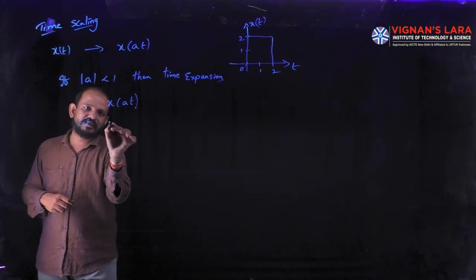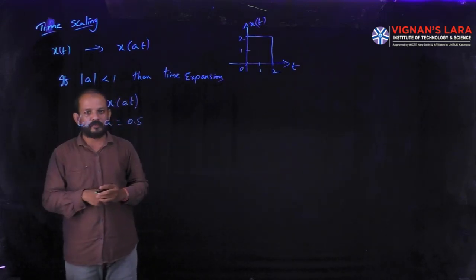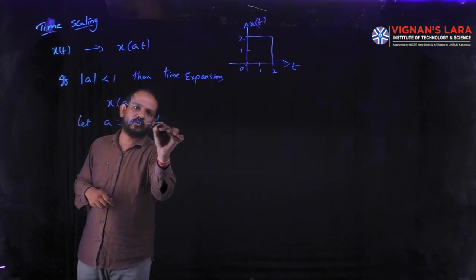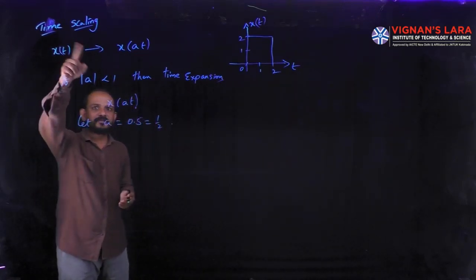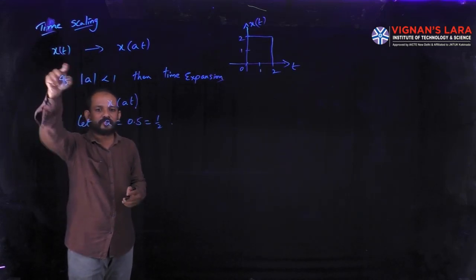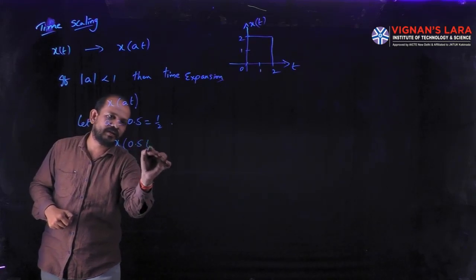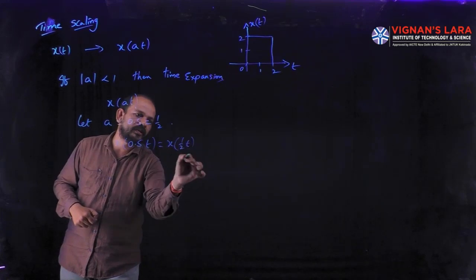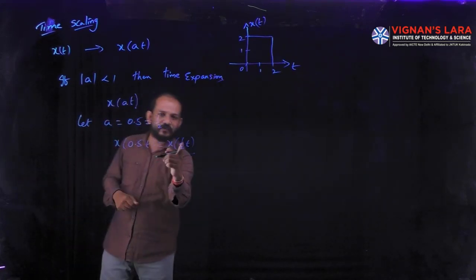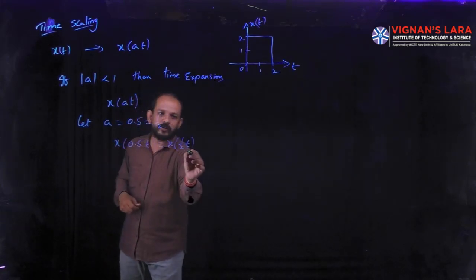Let's consider small a equal to 0.5, which is nothing but 1 by 2. So our time scaled expression for x of t will be written as x of 0.5 t, which is nothing but x of 1 by 2 into t.